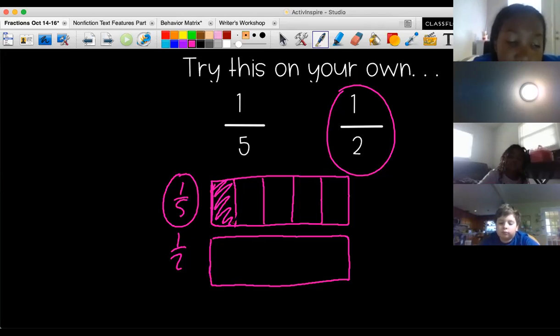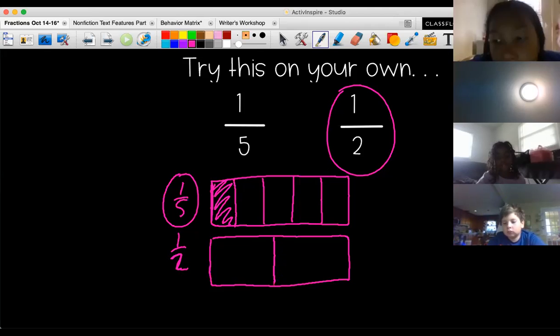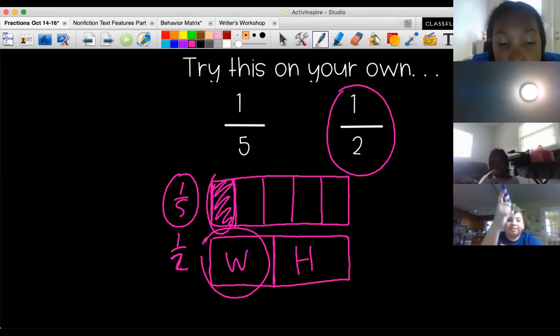How many equal pieces for 1/2, right here on the bottom? 2. Only 2. So if these are candy bars and I'm sharing them, and I only share it with one other person, so I get one, Mr. Hoffman gets one, these pieces are bigger than these pieces, right?